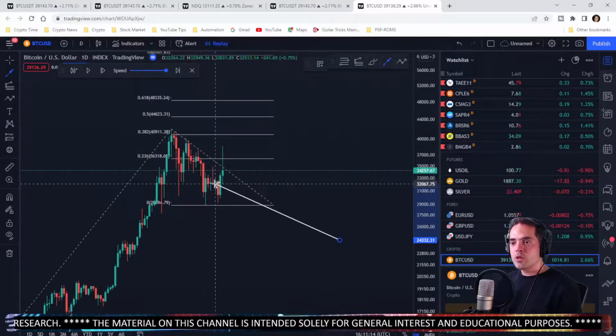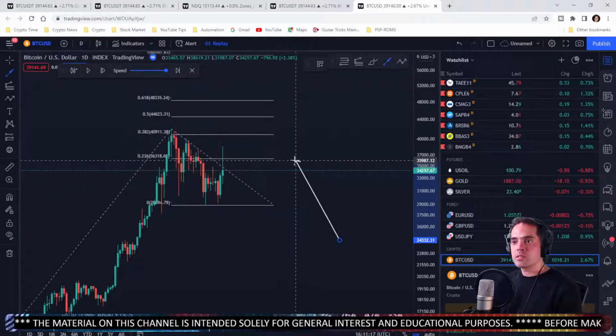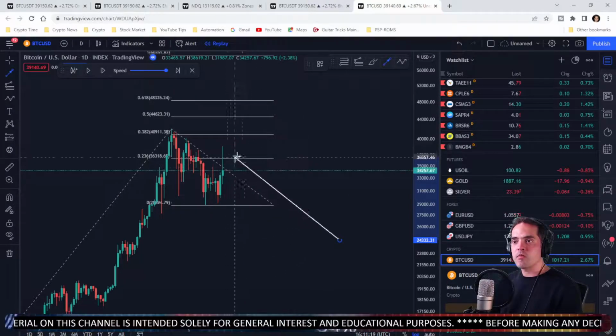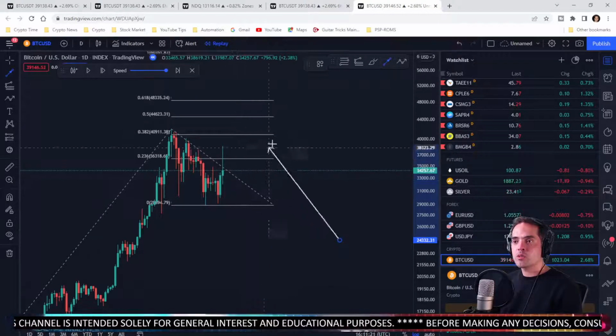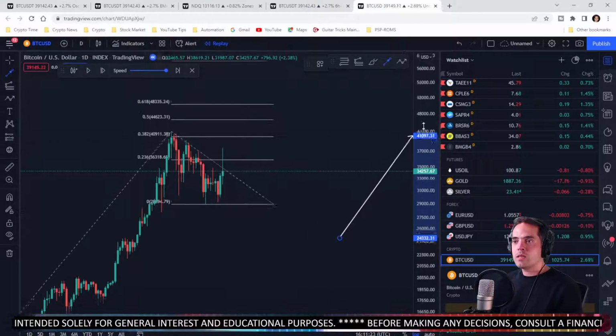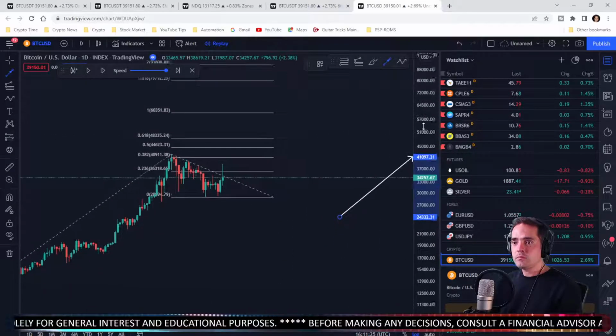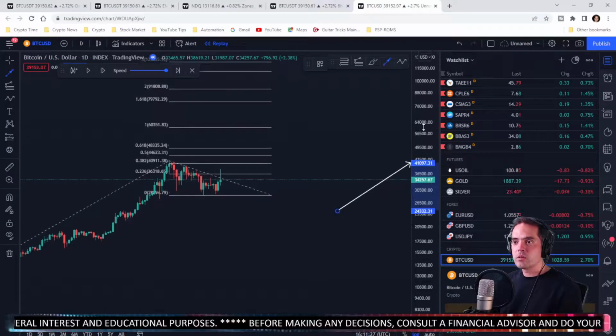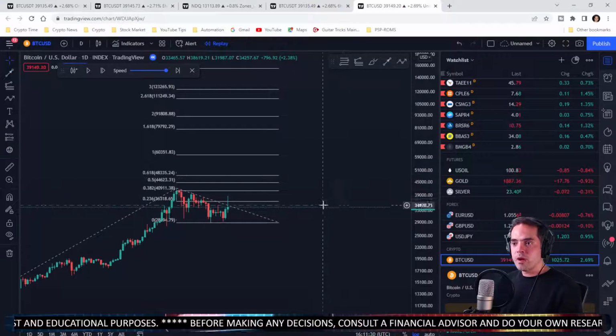What I want to know is the main support and resistance that the price will find on its way up. And in this case, I have all those levels.